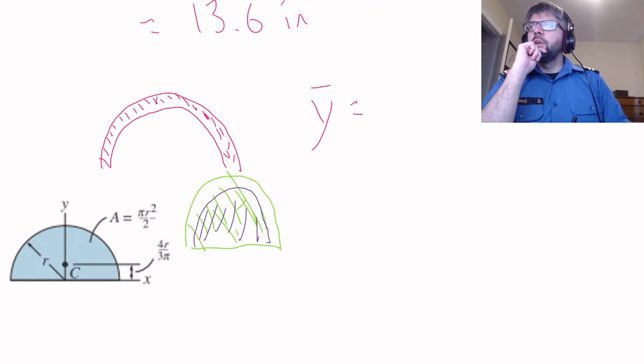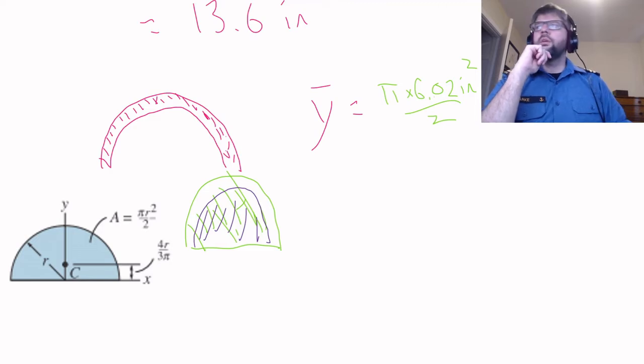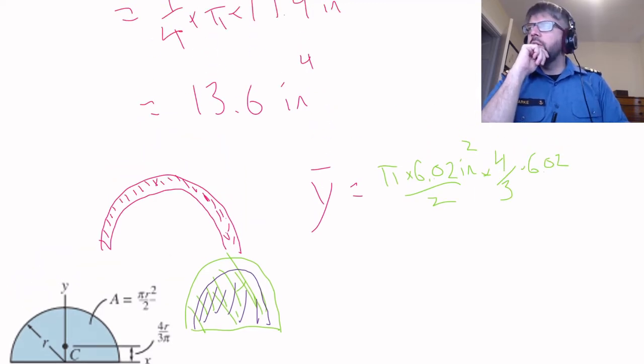So our area for the outside will be pi times 6.02 inches squared divided by 2, and then its y bar is going to be 4/3 times 6.02 inches divided by pi.